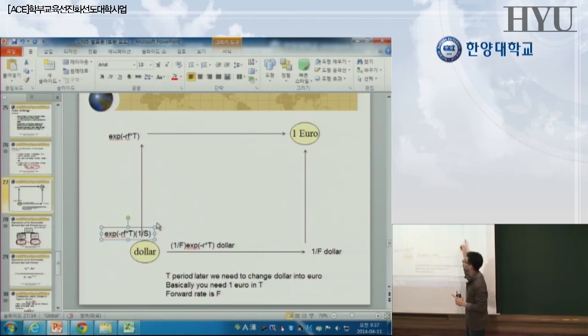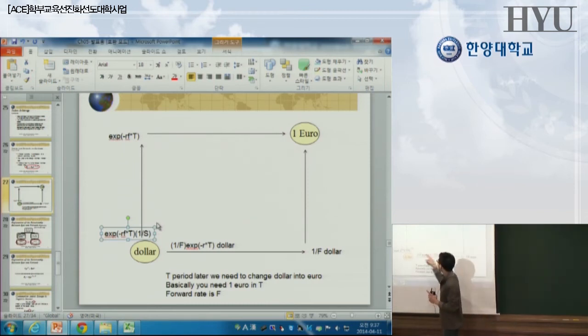Therefore, these should be the same. Whatever path you take, you should invest exactly the same dollar.